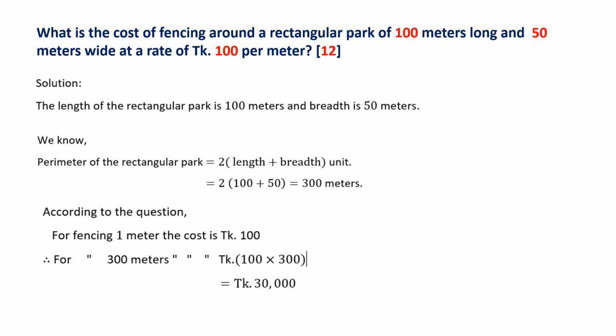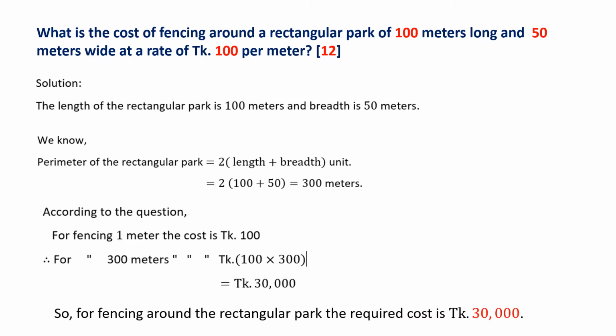So fencing around the rectangular park, the required cost is taka 30,000.